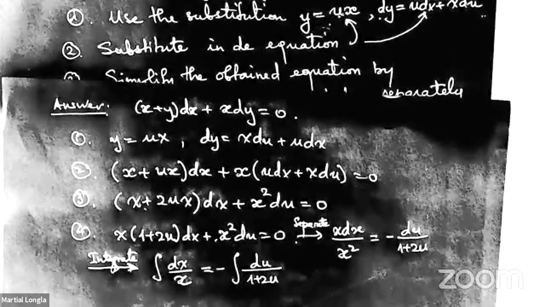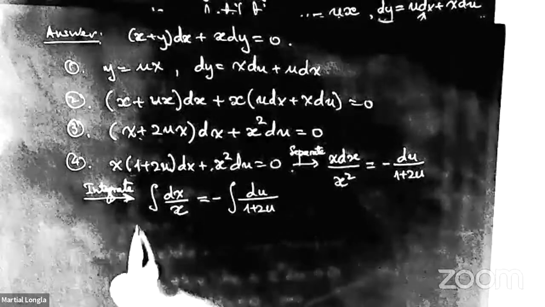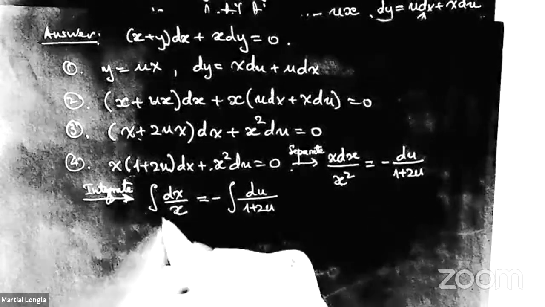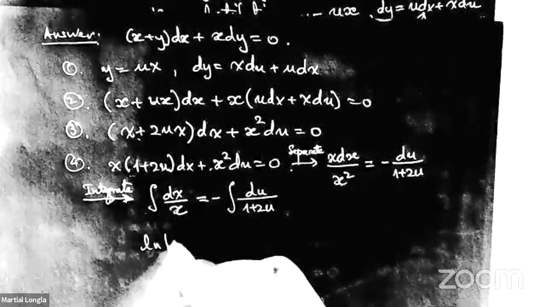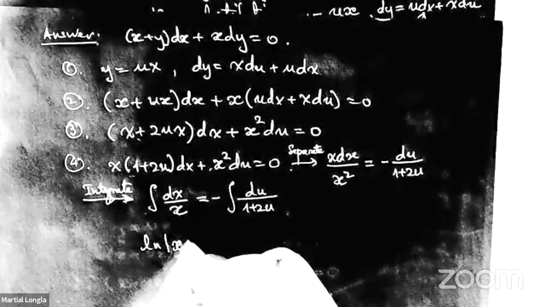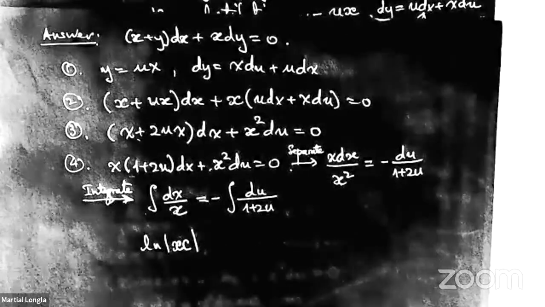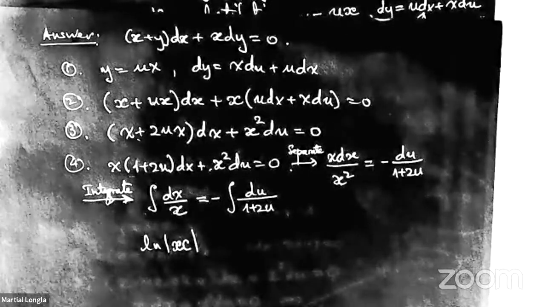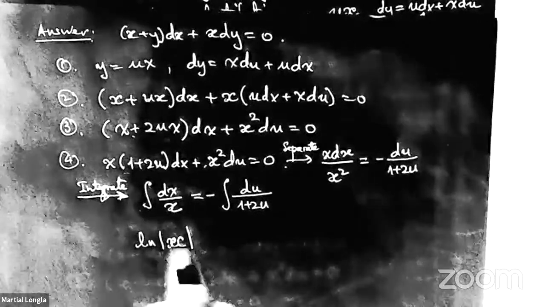Now you integrate both sides. The integral here is going to be ln absolute value of x. Technically, and often I will do this in the integration, put the constant of integration inside because of natural log.